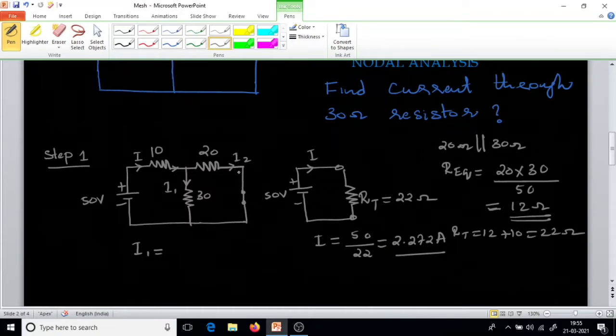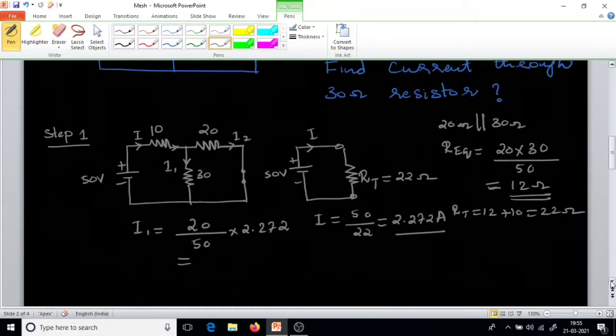The opposite branch resistance is 20. In the denominator, you have to add up the sum of the two resistors, that is 50, multiplied by the incoming current I, 2.272. This gives the current flowing through the 30 ohm resistor due to the 50 volt voltage source.